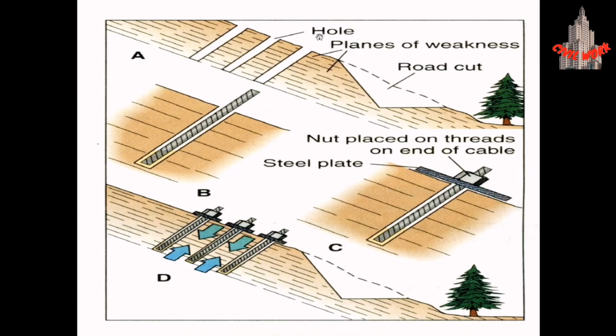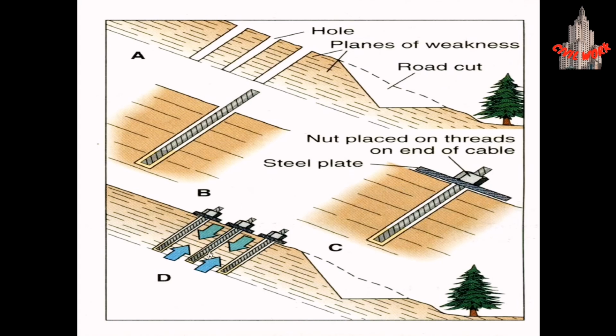First of all, we have to make holes in the rocky strata. Then we have to provide a steel nail, with a much bigger steel nut placed on the threads on the end of a cable. Then we have to provide a steel plate and tighten this nut.